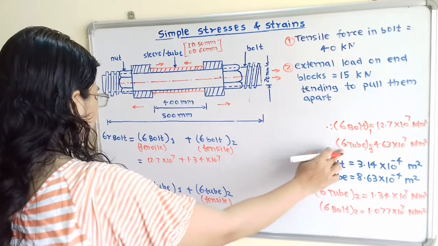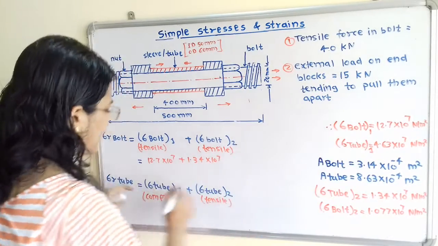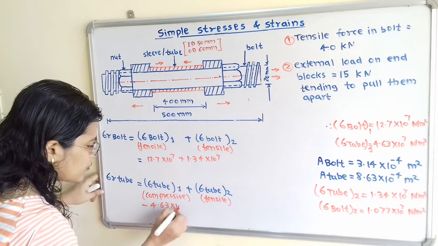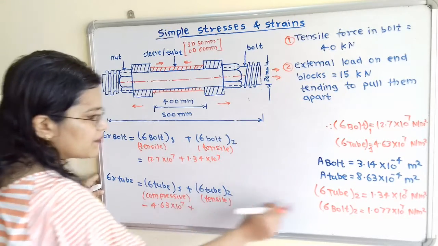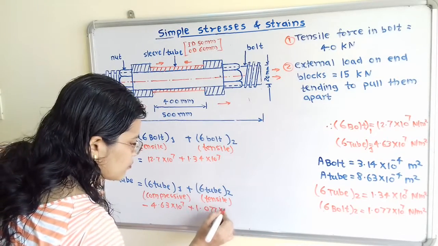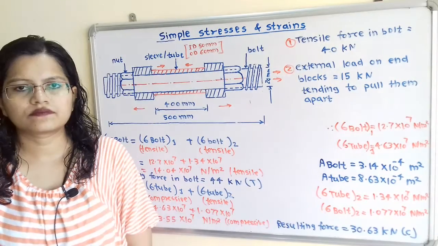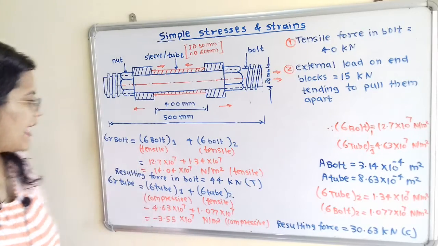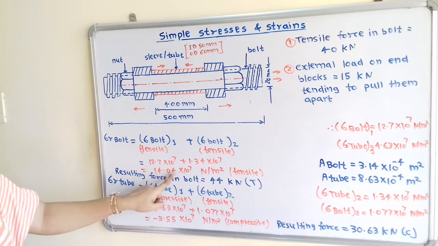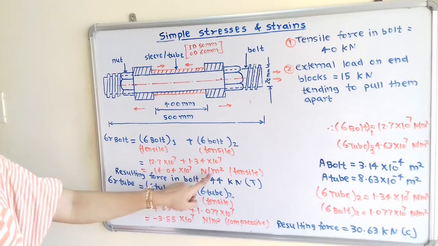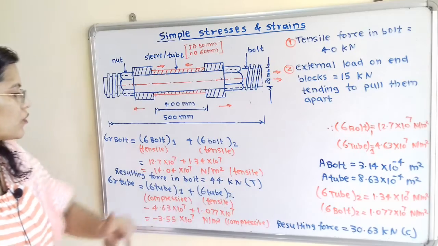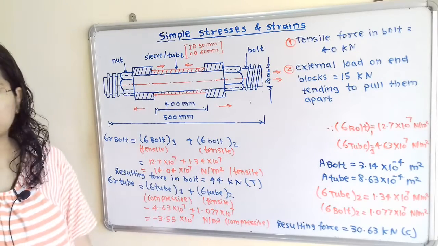Now in the same way sigma tube 1, so it is compressive, so I will write minus 4.63 into 10 raised to 7 plus sigma tube 2, it is 1.077 into 10 raised to 7. We will get the answer sigma r bolt is equal to 14.04 into 10 raised to 7 Newton per meter square. So it is having positive magnitude, so type of the stress is tensile stress.